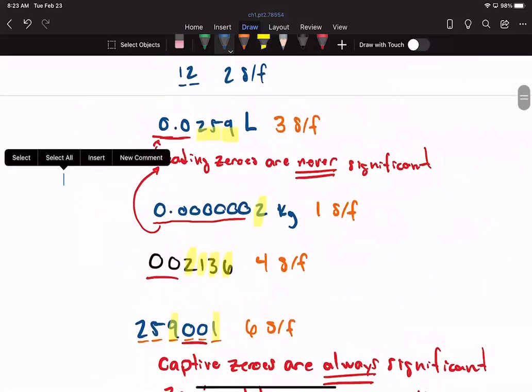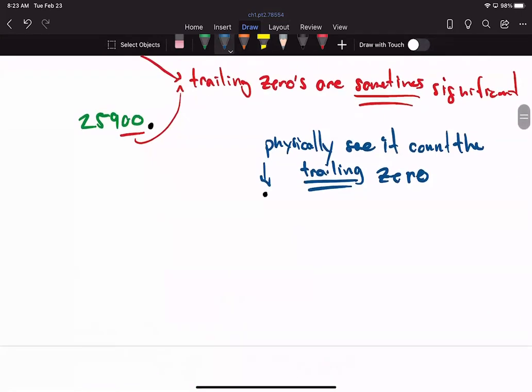Decimal place or no decimal place, we never count a leading 0. Ever. Decimal or no decimal. Leading zeros, never count them. But trailing zeros, if you see that decimal place, count the 0, right?